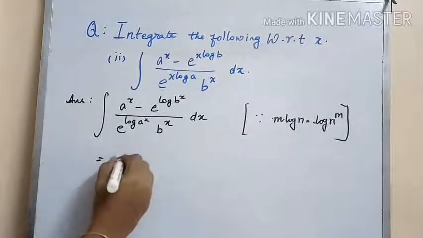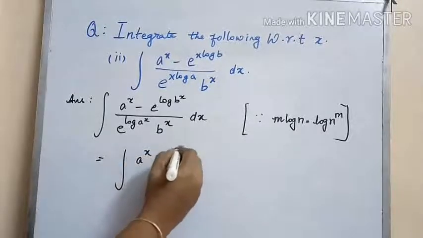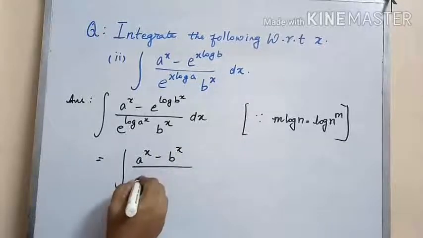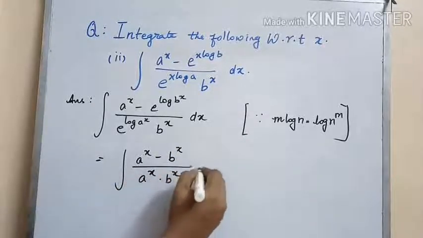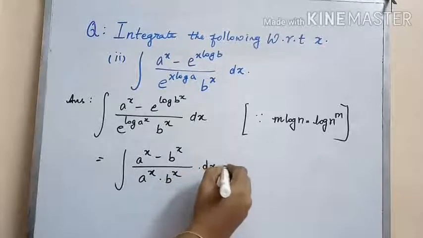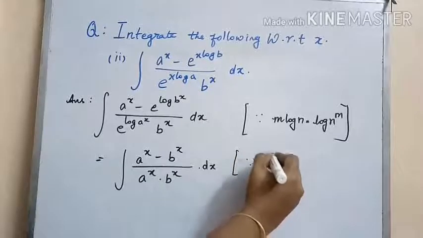In the next step, we'll have a to the power of x minus b to the power of x by a to the power of x into b to the power of x, since e to the power of log x is equal to x.